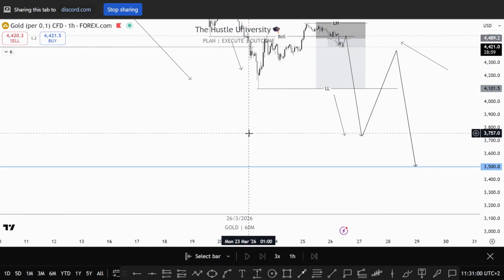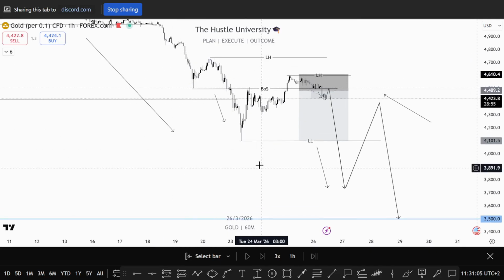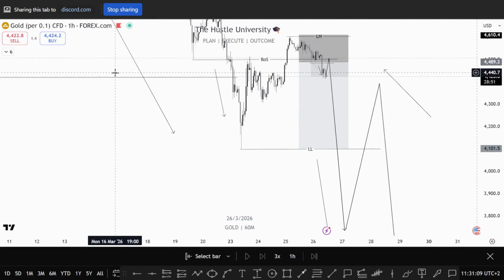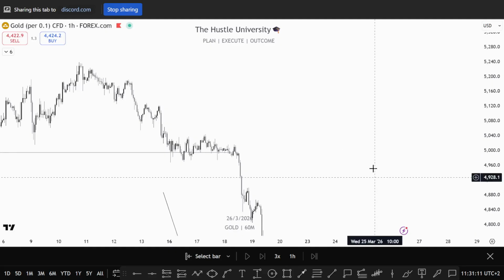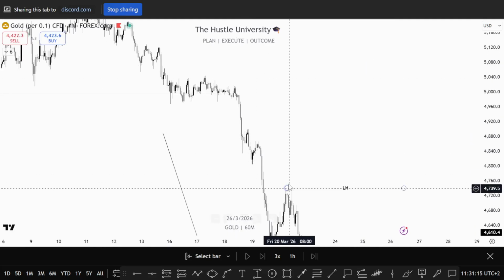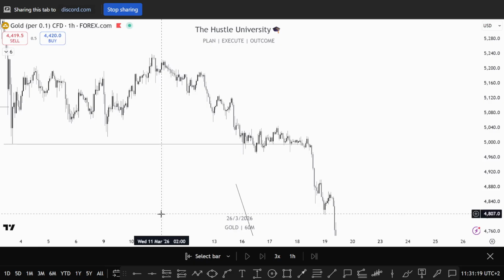Even if you're on the 1 hour, look for areas where price corrected. Like price sold, made a low, corrected that area, and then you can work something off of that. Look at this low, lower high, lower low, price sold off, right?